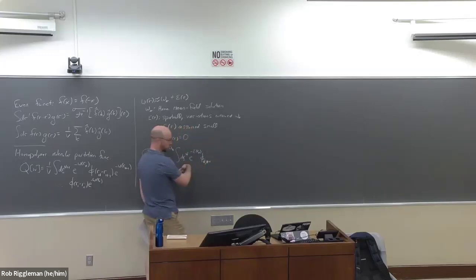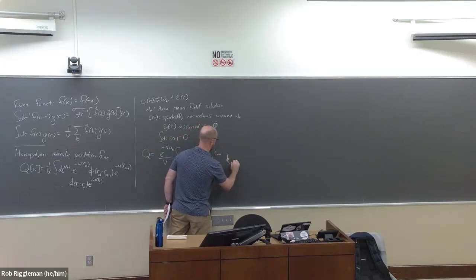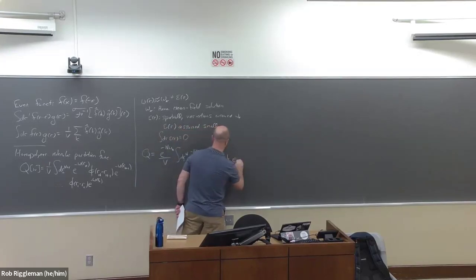And I'm going to drop back into the more abbreviated notation that I started last time, where the subscript indicates the R dependence. And so we have e to the minus epsilon.